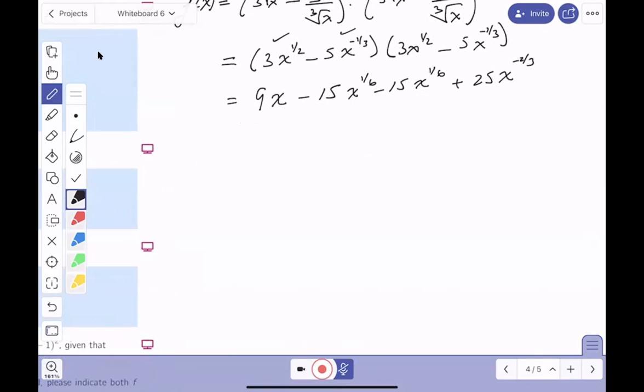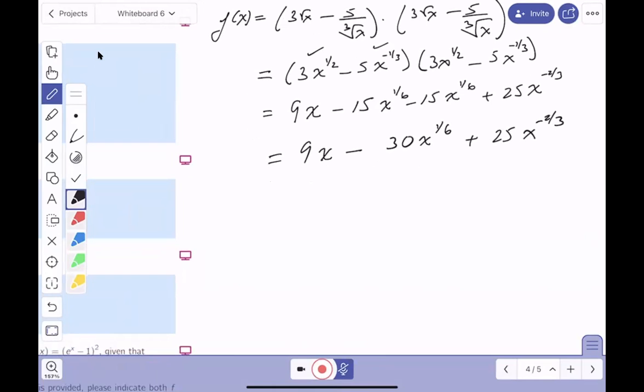And I'm going to continue to simplify. Again, the problem for a lot of students when they simplify, they think they've actually done the problem, and you have not. That's my simple form of f of x. What do I want? I want f prime. What do I get? 9 minus, well, 1/6 of 30 is 5.